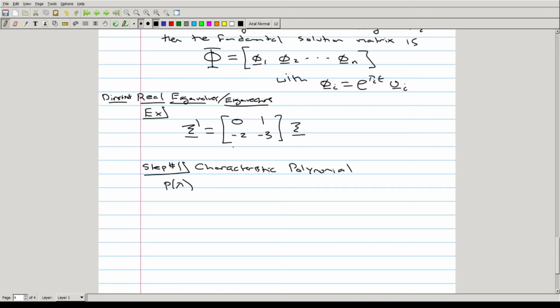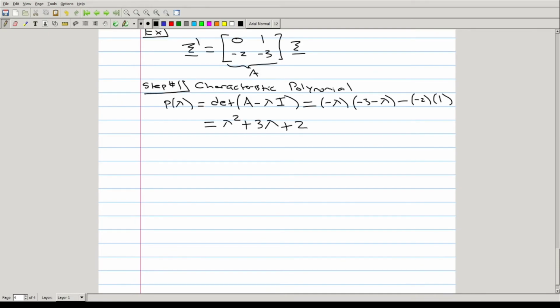This will be p of lambda, where matrix A here is this matrix, which is the determinant of the matrix A minus lambda times I, which will end up being negative lambda times negative 3 minus lambda minus negative 2 times 1, which will end up being lambda squared plus 3 times lambda plus 2, which factors to lambda plus 1 times lambda plus 2.